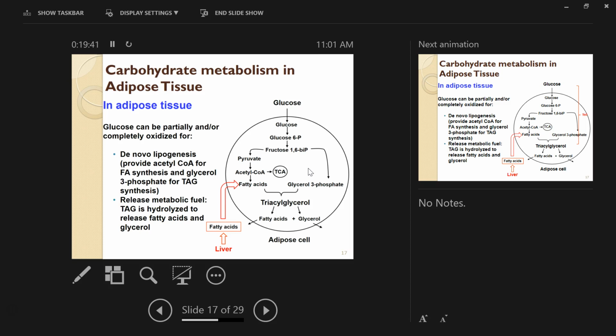Under the fed condition, fat cells metabolize glucose through the glycolytic pathway, basically for synthesis of the glycerol backbone for triglyceride synthesis. But under the fasting condition, the fat cell breaks down triglyceride and releases fatty acids, but we'll talk about this more in the lipid metabolism section.